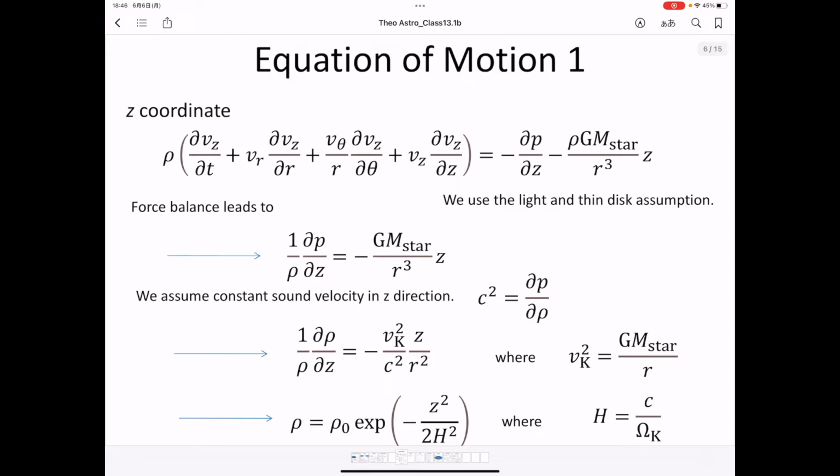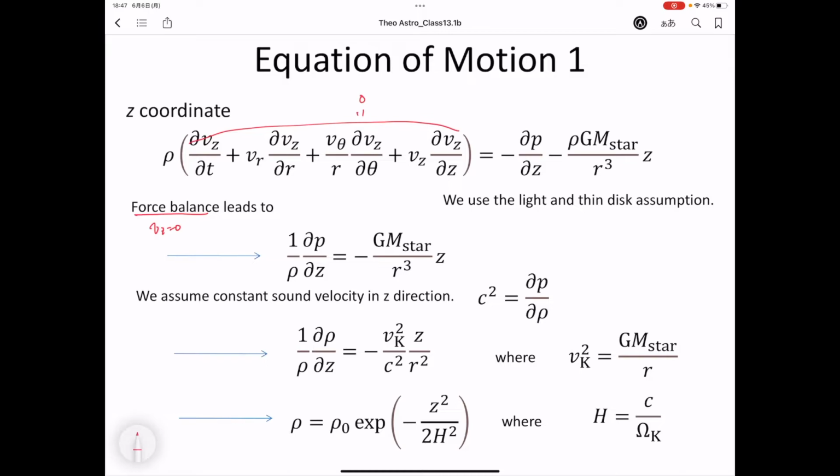The equation of motion in the z coordinate. On the right hand side, the first term is the pressure gradient, and the second term is the gravitational force from the protostar. We'd like to consider the force balance. V sub z equals 0, so the left hand side becomes 0. The equation becomes simplified.